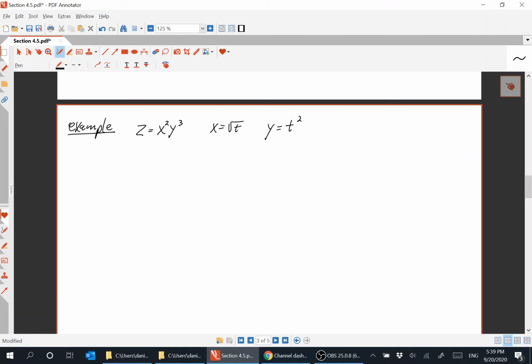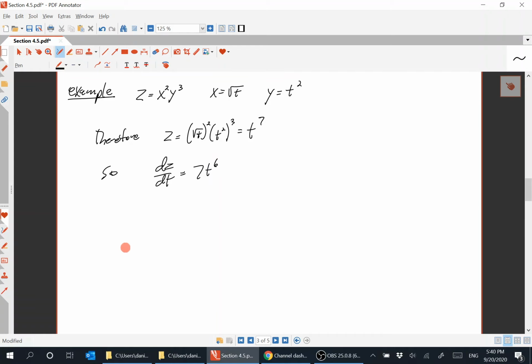Therefore, z is equal to the square root of t squared times t squared to the third. So that's t times t to the 6th, which is t to the 7th. Right? So dz/dt is then equal to 7t to the 6th.